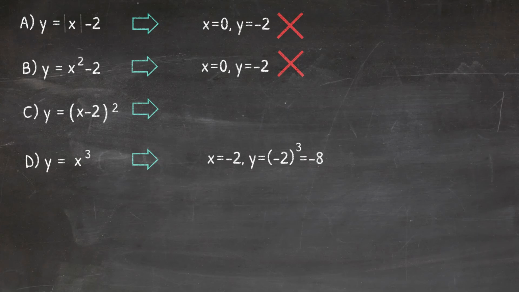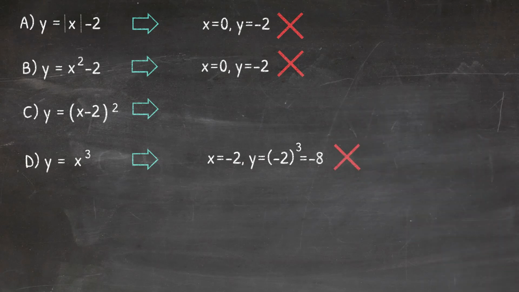If we were to try, let's say -2, -2 raised to the third power means that we multiply -2 three times, and that means that our answer is -8. -8 is clearly less than -1, so we can disqualify answer choice D.